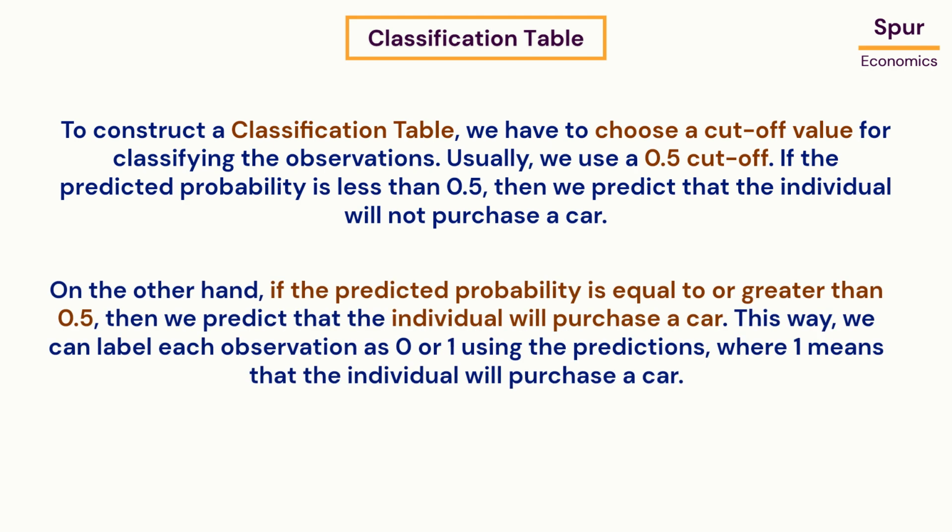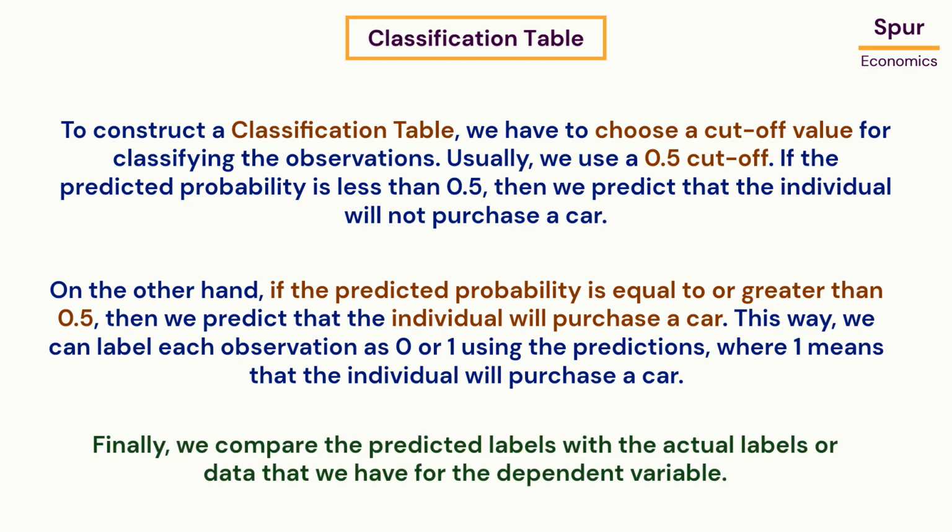On the other hand, if the predicted probability is equal to or greater than 0.5, then we predict that the individual will purchase a car. This way, we can label each observation as 0 or 1 using the predictions, where 1 means that the individual will purchase a car. Finally, we compare the predicted labels with the actual labels or data that we have for the dependent variable.